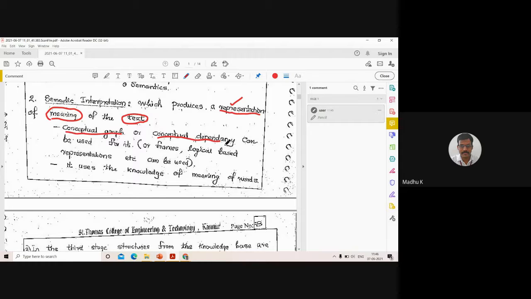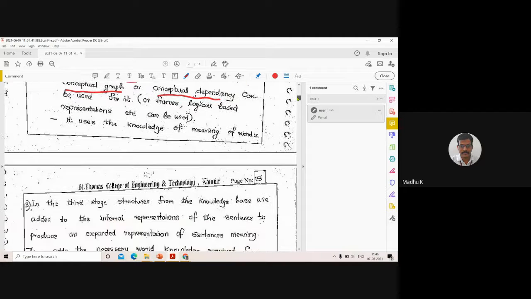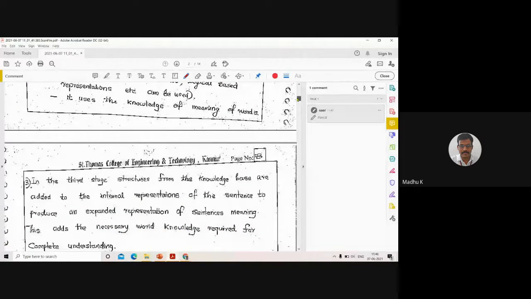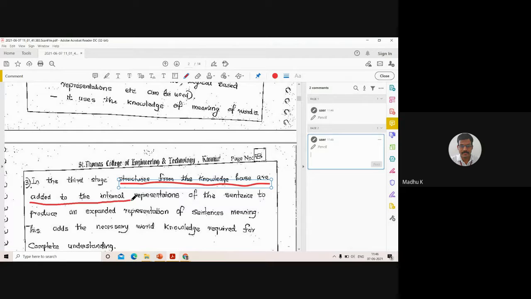Next we go to the third step. What will we do? We will add global knowledge to the internal representation of the text. In the third stage, structures from the knowledge base are added to the internal representation of the sentence to produce an expanded representation.